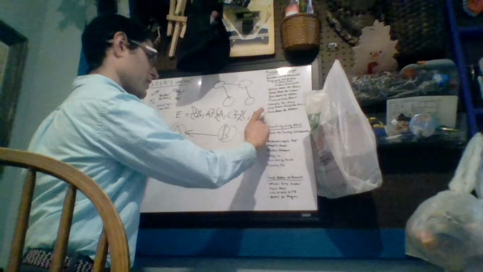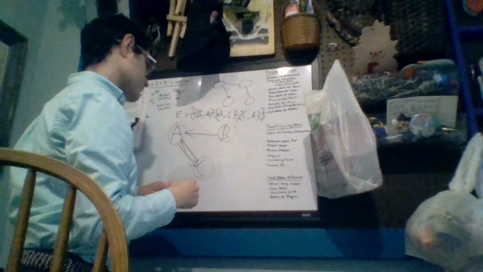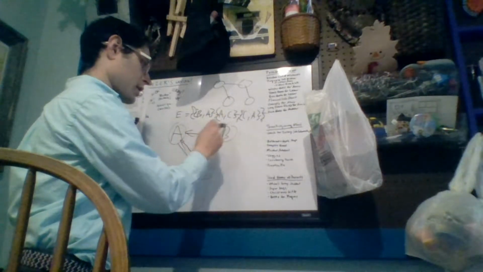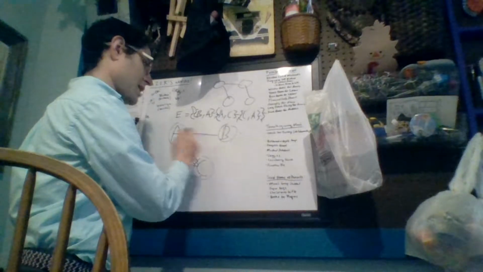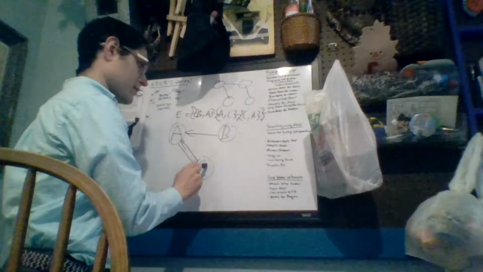In this one, we explicitly say that basically all the edges here are directed. So B to A, A to C, and C to A.